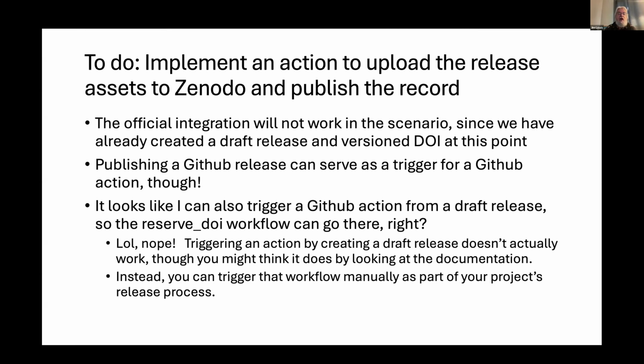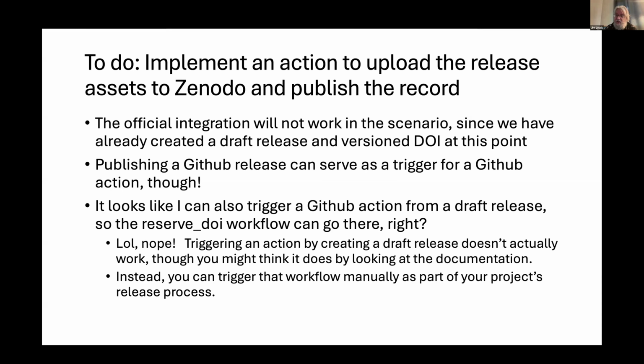So you could still have this connected to your GitHub release if you want it that way, by just writing an action that does that final release and then triggering it on the GitHub release publication. Now you might think, oh, well, GitHub lets me create draft releases, and it looks like the keywords are there to trigger a GitHub action from the publication of a draft release.